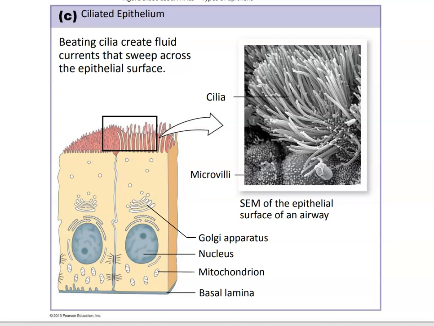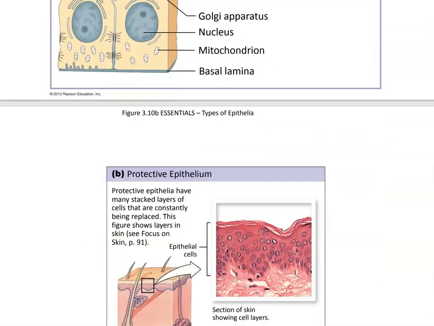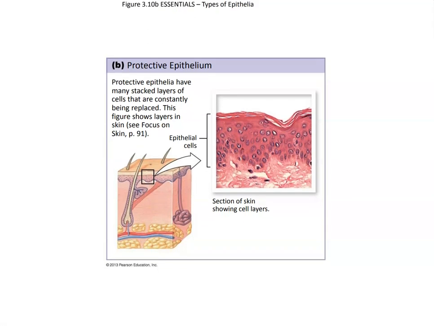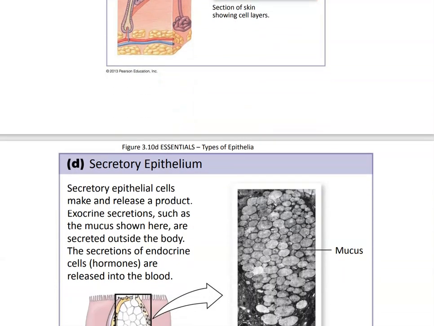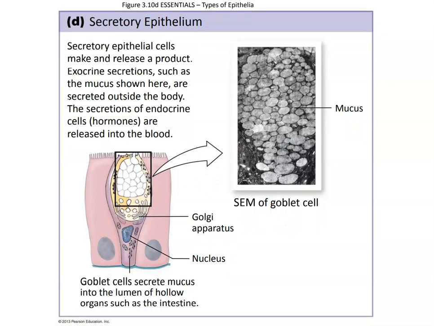In a respiratory tract, it's nice to trap dust particles that you then later cough out. Here's a protective epithelium. Your skin is pretty nice, protecting you. It's waterproof too. The outer layers are keratinized so that they're waterproof. And here's a secretory epithelium where you have a goblet cell that's producing mucus, for example.